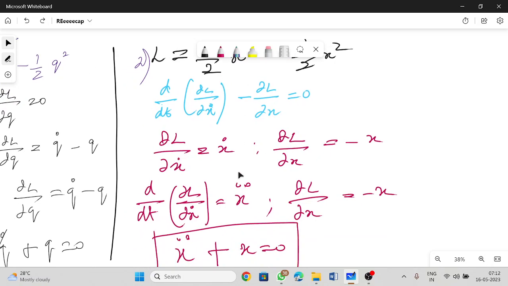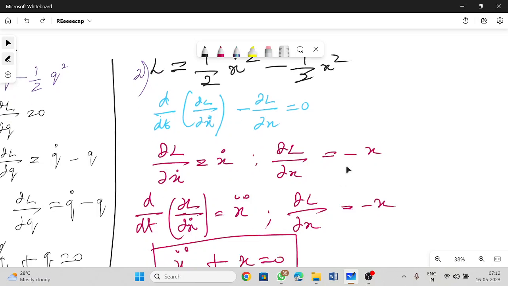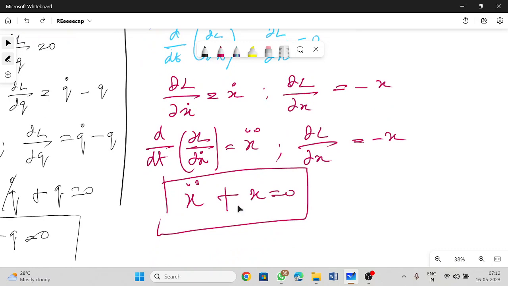Once you differentiate with respect to x dot, we are able to get x dot, and with respect to x we are able to get minus x, since there's a negative sign here. And d by dt of dou L by dou x dot is written as x double dot, and dou L by dou x is equal to minus x.